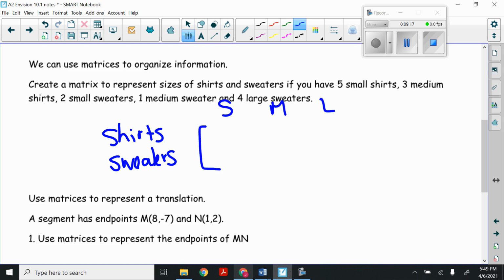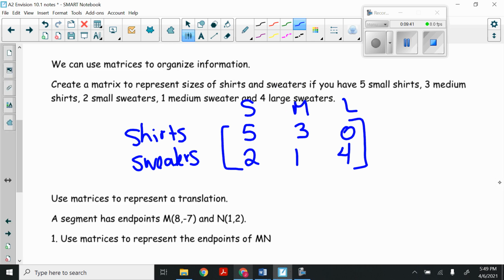Those are going to be my columns. So shirts, I have 5 small shirts, so 5. 3 medium shirts, so 3. It doesn't say I have any large shirts, so that's a 0. I have 2 small sweaters, 1 medium sweater, 4 large sweaters. So that matrix represents that information that they gave to us.